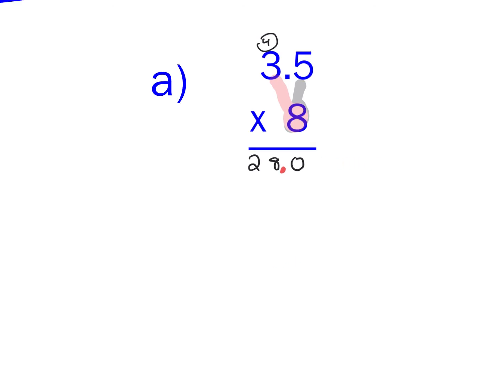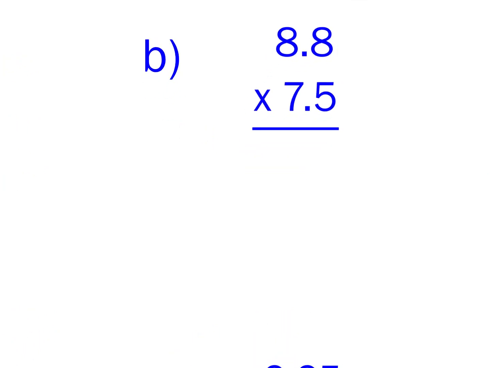Now we'll go on to the next question, which is a two-digit times a two-digit. And again, we'll forget about the decimals for now. So really, this is kind of just like 88 times 75. Now to do this, it's the same idea.